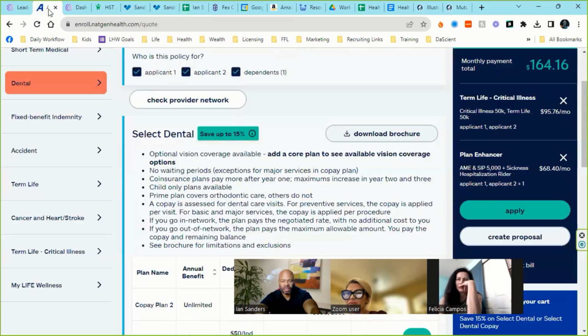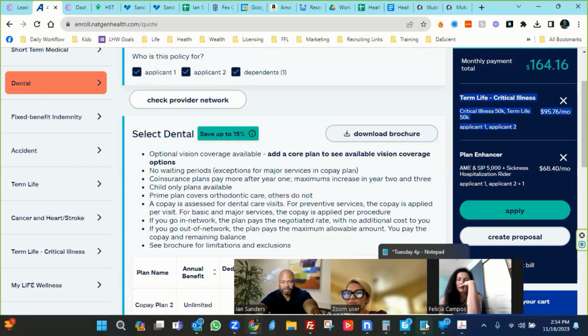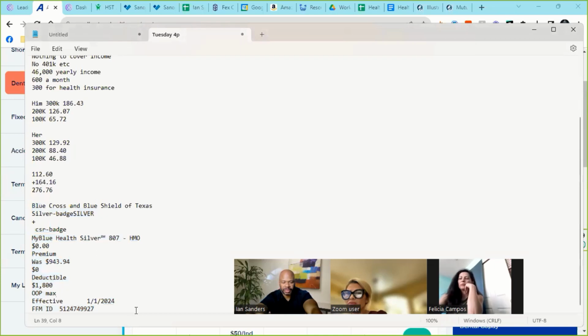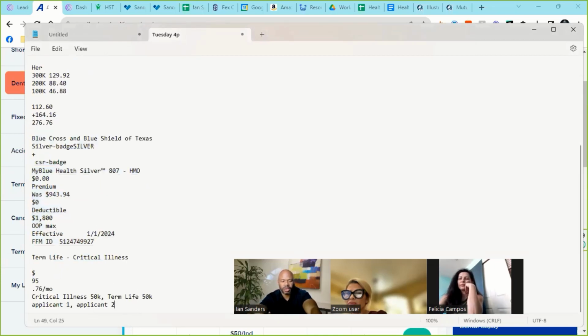Now, one thing that I'll also do, but I typically do this at the end, is when it shows all the different things that you signed them up for. There's another way that you can copy and paste it, but since we're not going to do that, I'm just going to do it this way. And it'll make sense because you always want to be able to pull your client's file up and just be able to see what they have and not have to, you know, try to guess or anything like that.